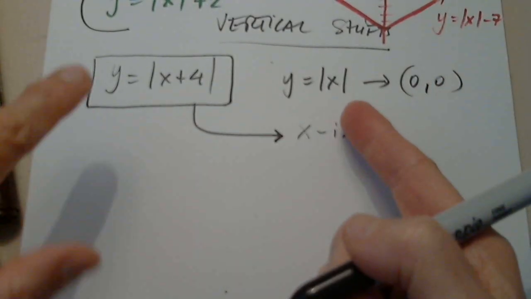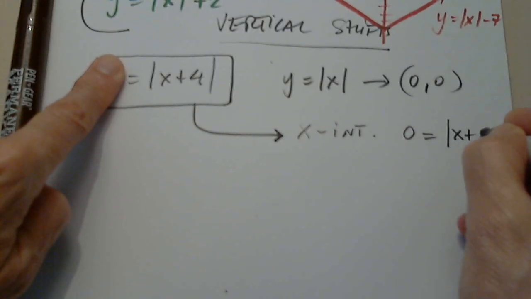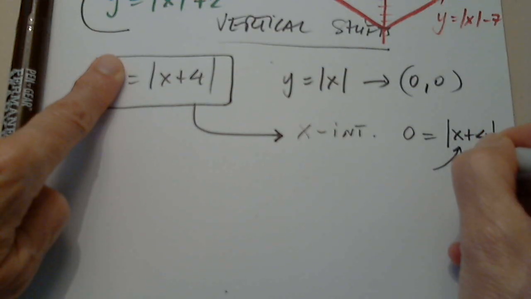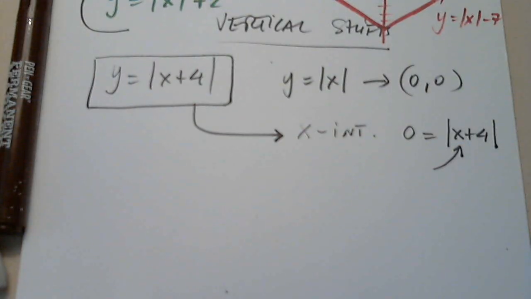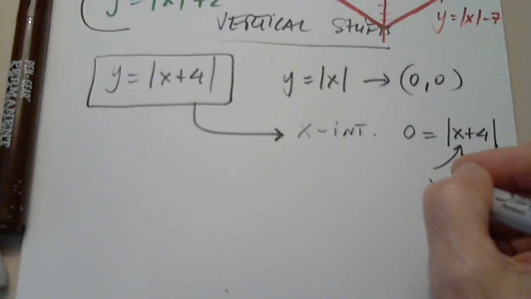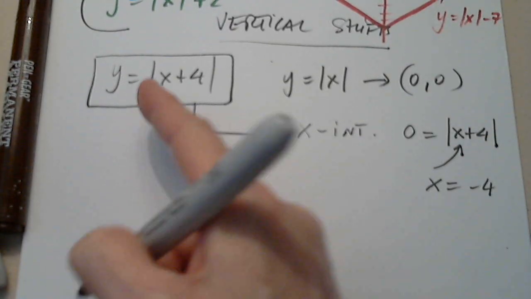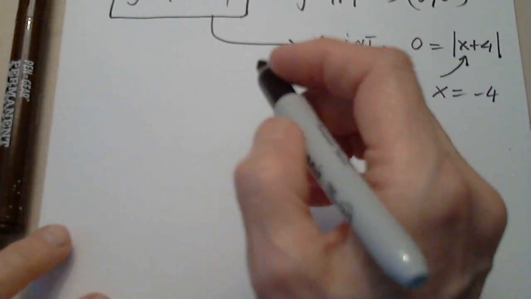For the x-intercept, y has to be 0. 0 equals the absolute value of x plus 4. What should x be for this to be 0? -4? Exactly. So the x-intercept of this graph is -4, 0. Stay with me, please.